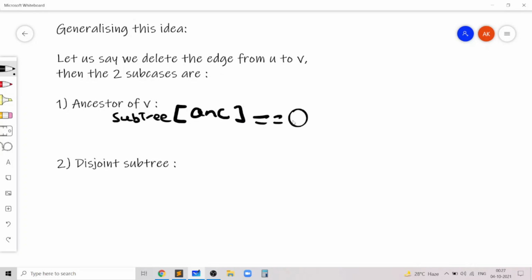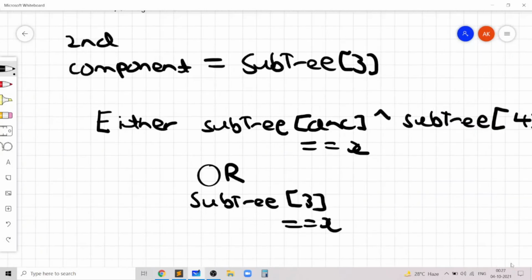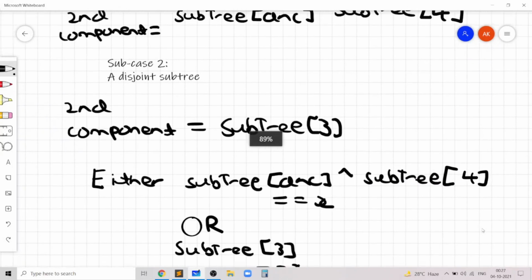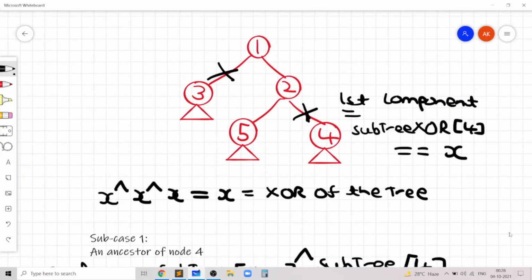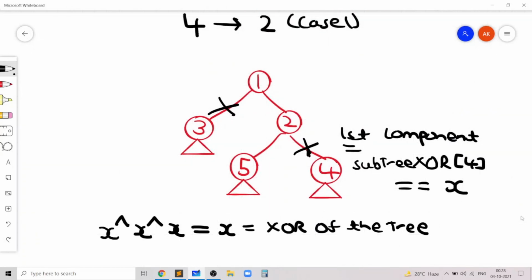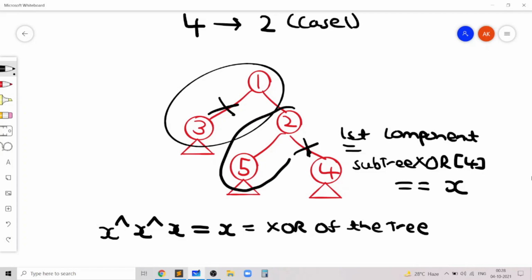Now there are two doubts which you may have. The first one being, why do we take the subtree XOR of the ancestor XORed with the subtree XOR of 4? And that's because, notice that, let's say that we deleted the edge from 1 to 2. Then the second component formed will basically be this. This is going to be the third component, and the second component will be this.